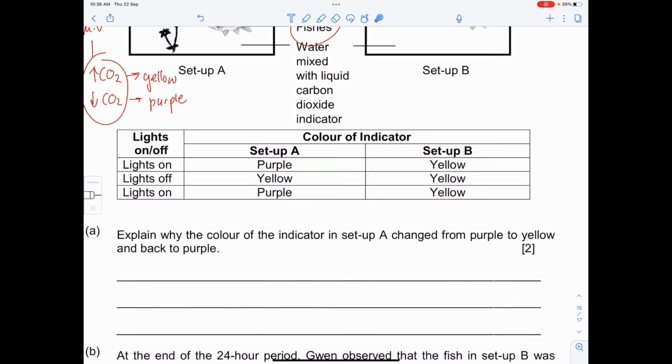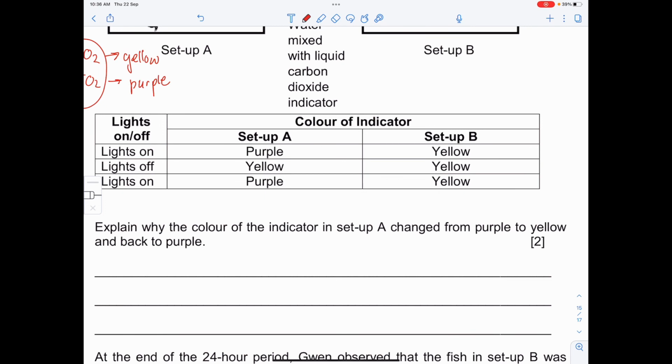So you will need to say that, I know they never ask you to compare, but it's good to say, unlike setup B, setup A has a plant that can absorb. Let me make this a little bit more substantial. Okay, so unlike setup B, setup A has a plant.